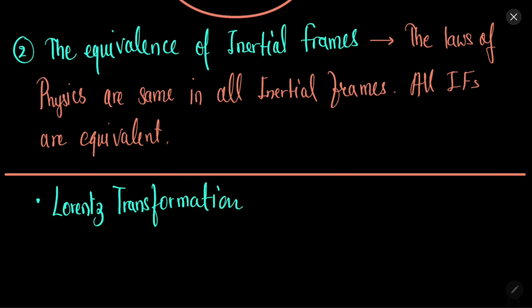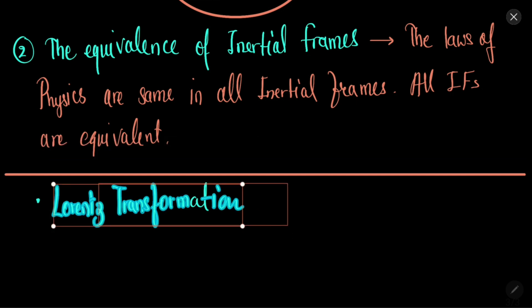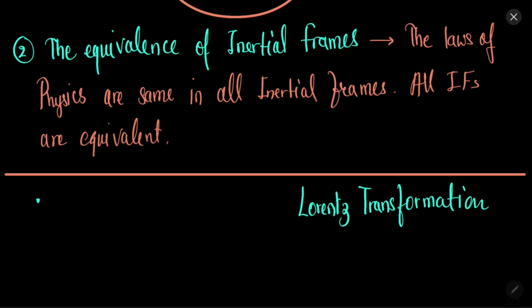And there is obviously Galilean transformation as well. So let's try to understand the formula for both Galilean transformation and Lorentz transformation, so that you can compare between them. First of all, let's start with the Galilean transformation because it is simpler.